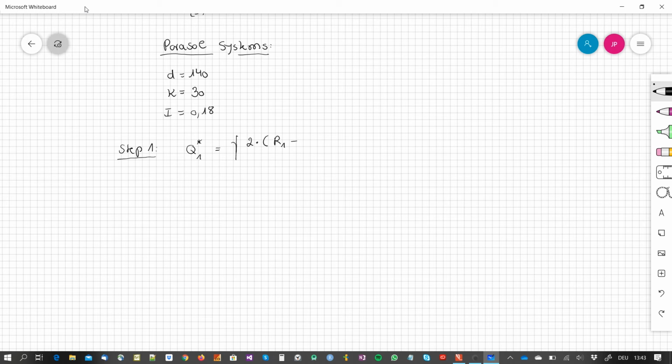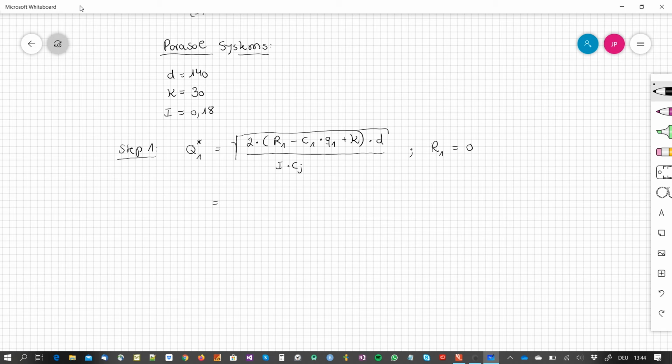So we have R1 minus C1 for Q1 plus K. This is multiplied by D divided by the annual interest rate times C_J. And at R1 we have defined that this is 0.